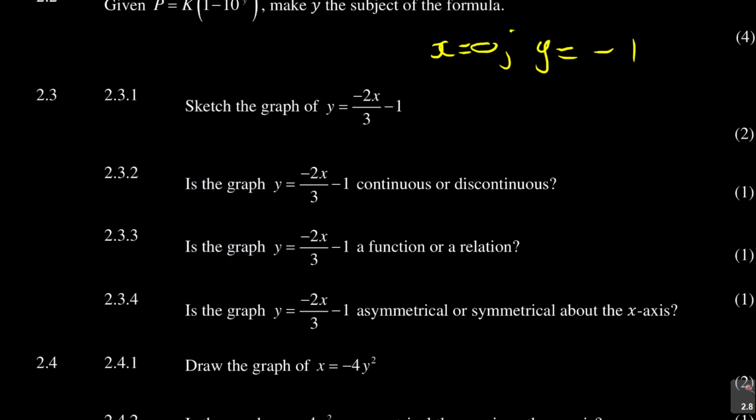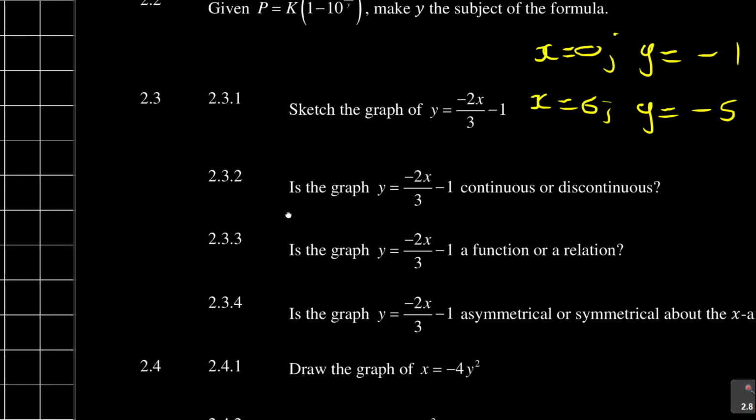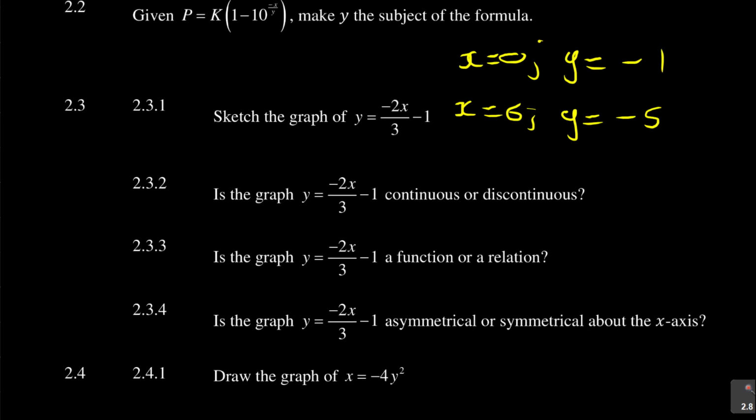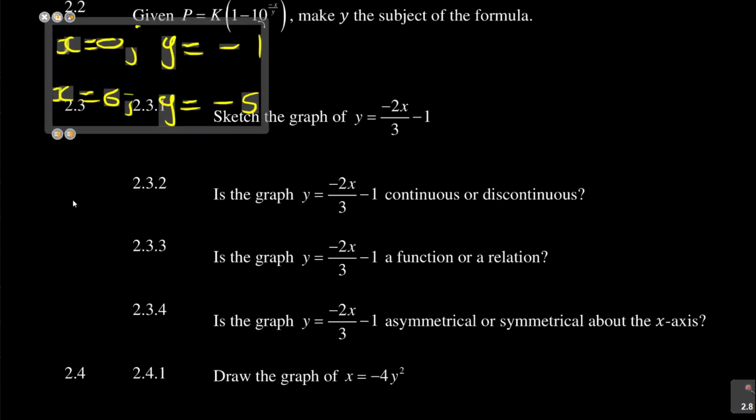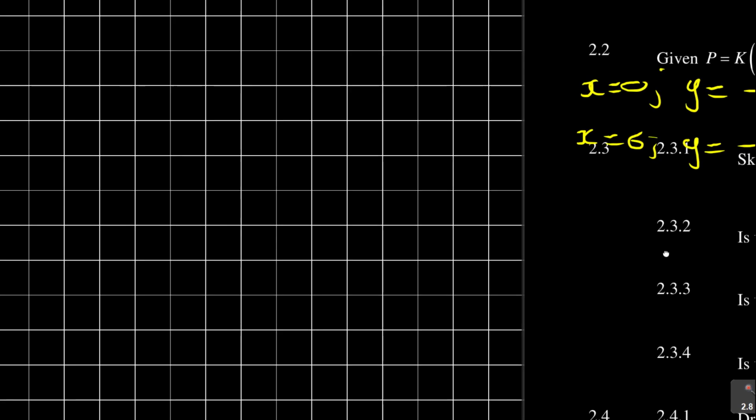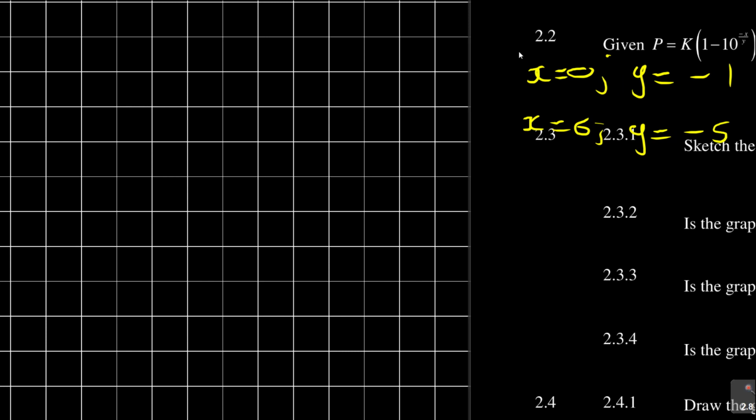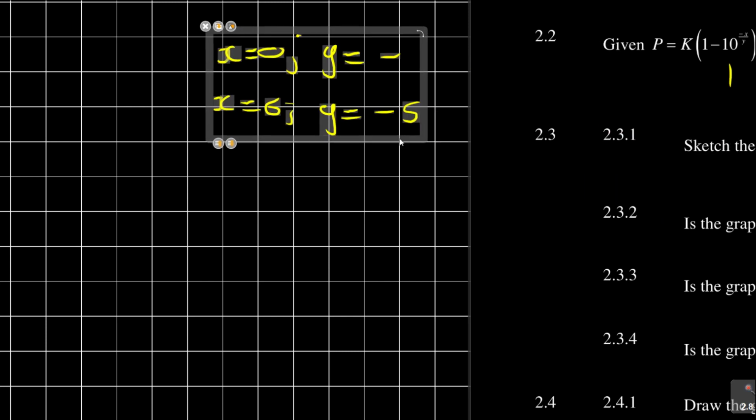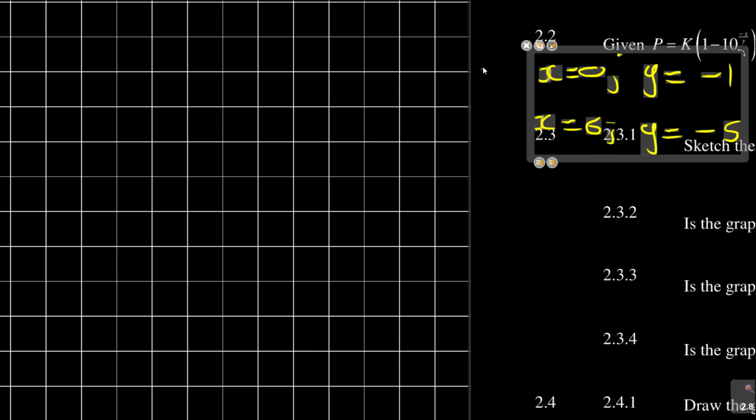So when x is equal to 6, y is equal to negative 5, not negative 1. So I got these two values. So what I can do now is to plot them. Let me just bring them closer. So I need to plot now these on my graph paper here, because the question was sketch. Okay, let me take everything along.